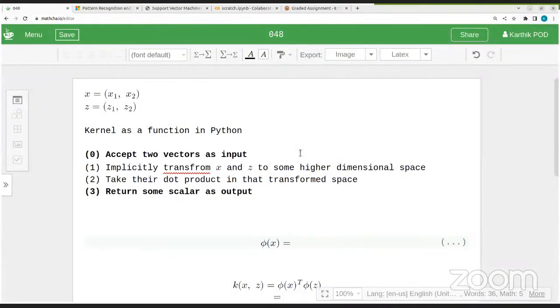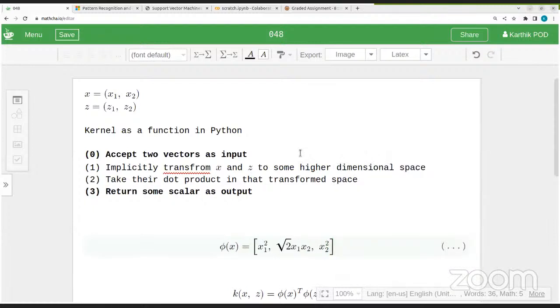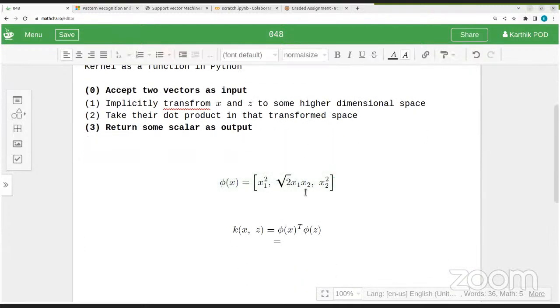X1 square, root 2 X1 X2, and then X2 square, right? So this is some kind of polynomial transformation, right? I hope you can see that. Yes, sir. This is a degree 2 polynomial transformation, but with some special coefficients. Okay, so this will be phi of X.